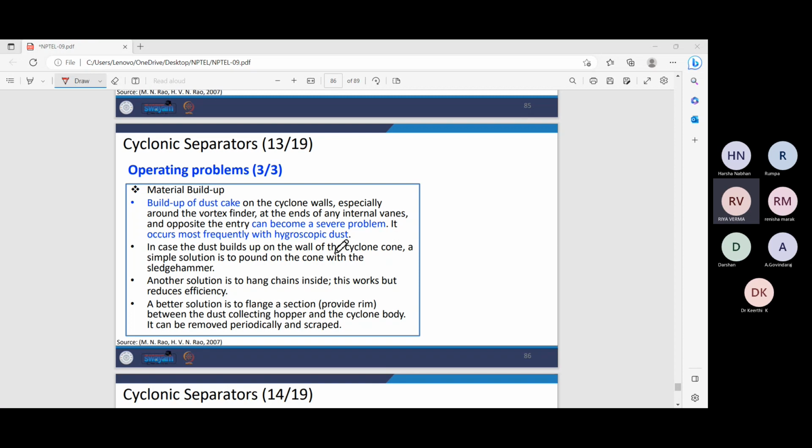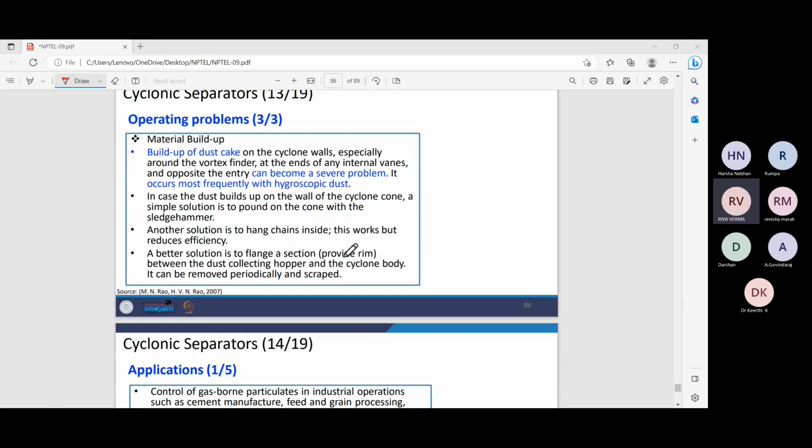A better solution is to flange the section to provide a rim between the dust collection hopper and the cyclone body, which can be removed periodically and scraped to remove that buildup of material.